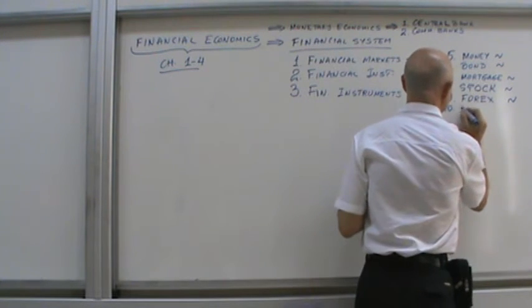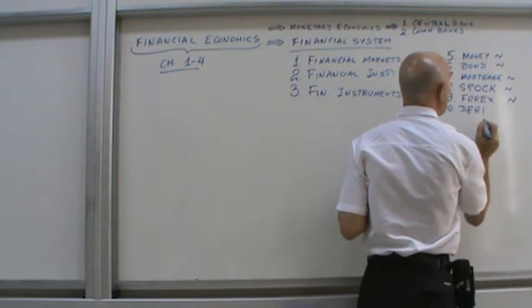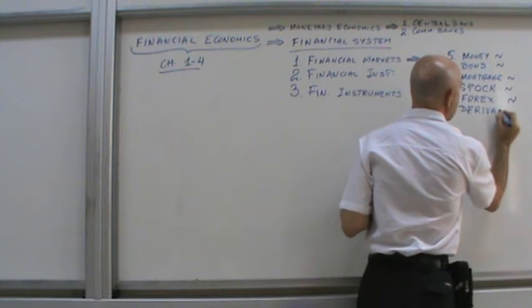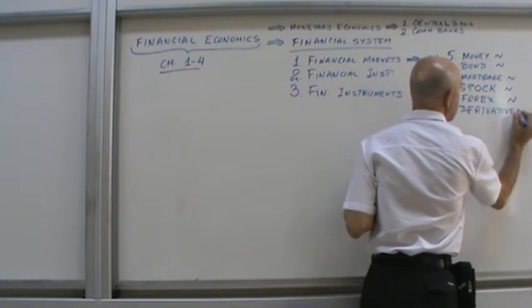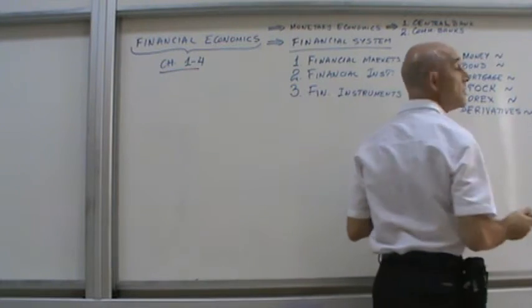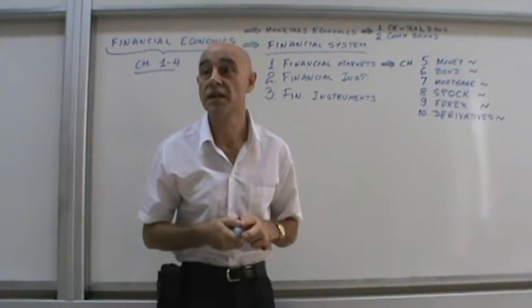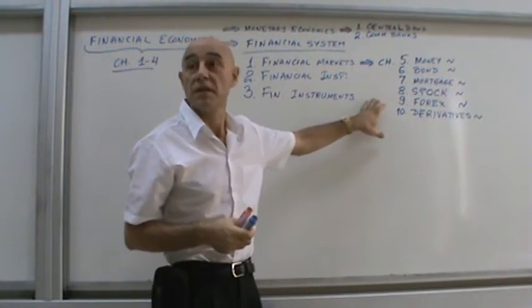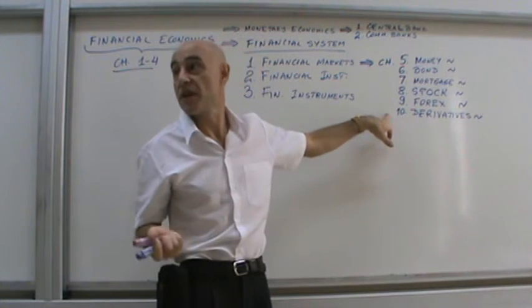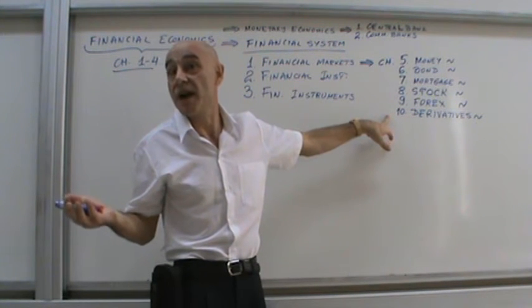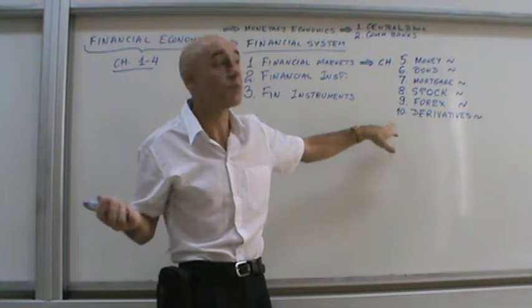Derivatives market, or markets, because there are many. So this is what we're going to be doing over the next, I don't know, 2 months, month and a half, 6 weeks, whatever it takes.